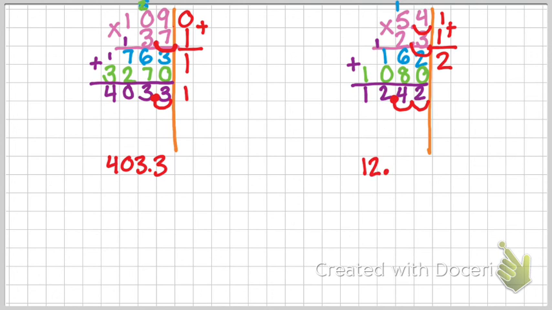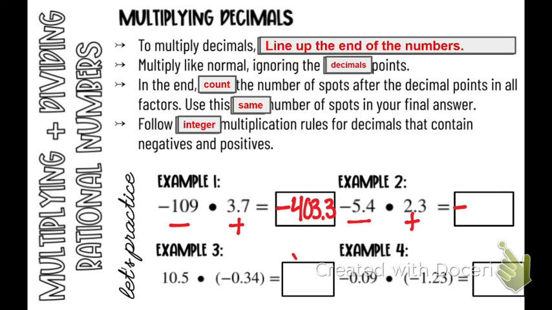So my number should be 12.42. We're going to go back to the notes paper so you can see it, and we're going to add this behind our negative sign. So this should be 12.42. Again, if you look at the question, I have one number and one number, which means I should have two numbers behind my decimal point, which I do.